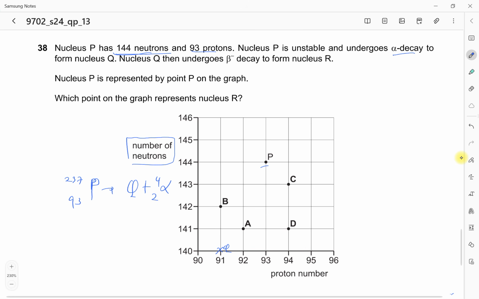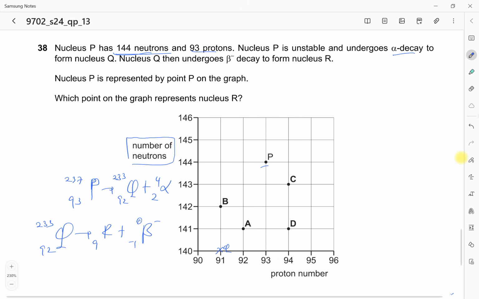So when I subtract, this is 233, and this is 92. Then Q gives us R. So Q, which is 233, 92, gives us R plus beta minus, which is 0, -1.